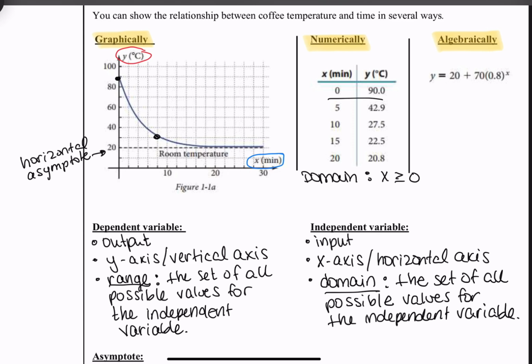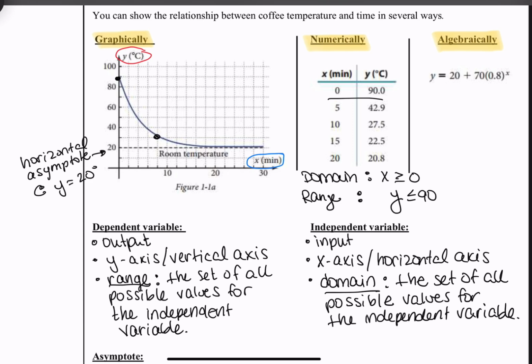And we can actually write an equation of that line. It's y equals 20 degrees. So I would say that my range is between, well, the highest it's ever going to be is 90 degrees, so it's definitely going to be less than or equal to 90 degrees.